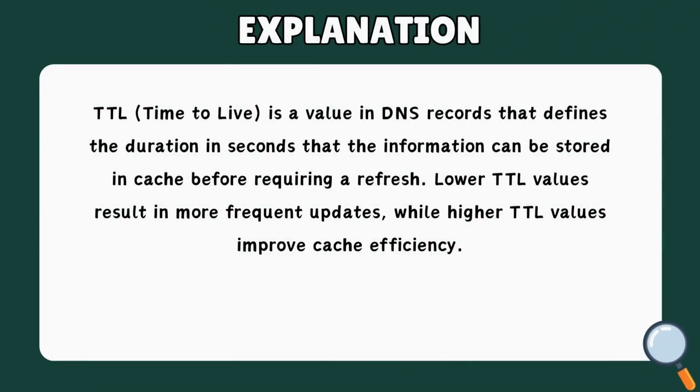TTL, time to live, is a value in DNS records that defines the duration in seconds that the information can be stored in cache before requiring a refresh. Lower TTL values result in more frequent updates, while higher TTL values improve cache efficiency.